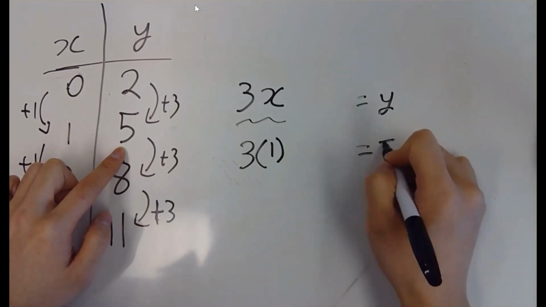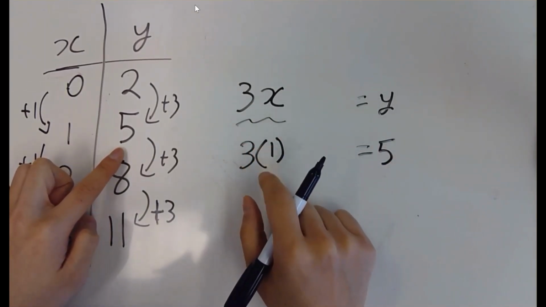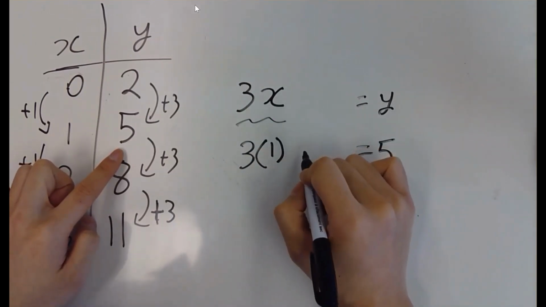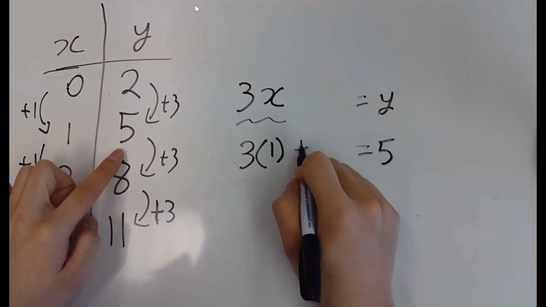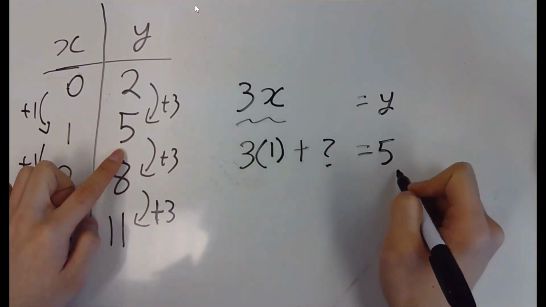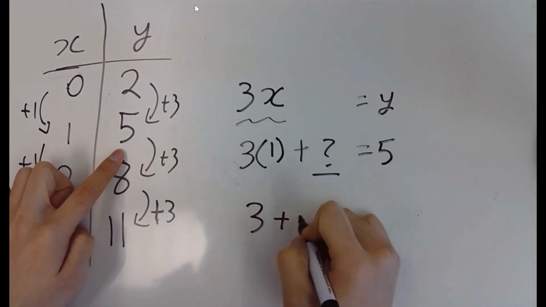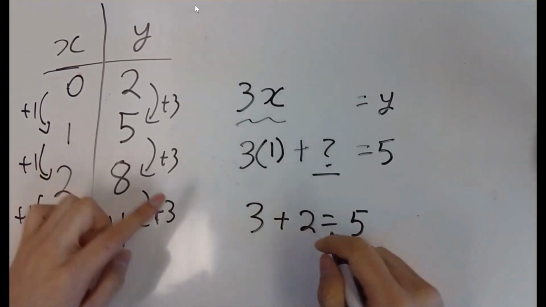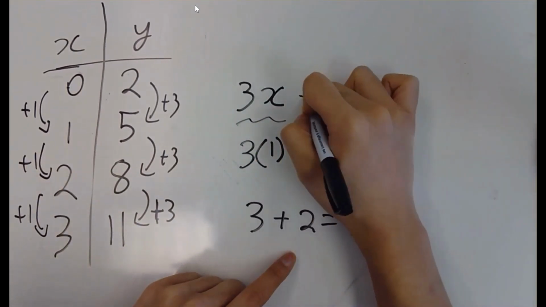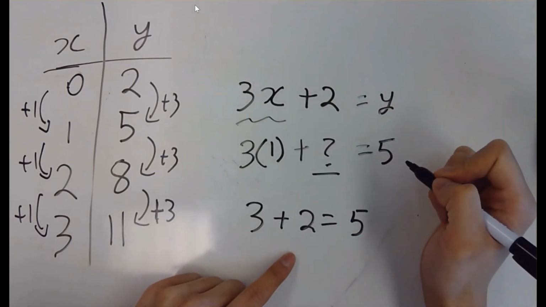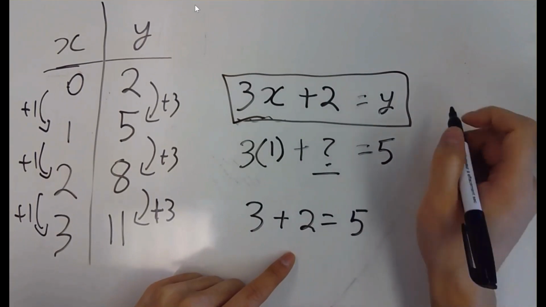So there must have been something that was added in the beginning. 3 times 1 is 3, so 3 plus some value is equal to 5. And we all know that 3 plus 2 is equal to 5. That means that to arrive at y, 2 must have been added to 3x. So my final answer is going to be 3x plus 2.